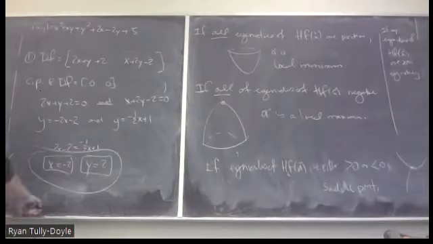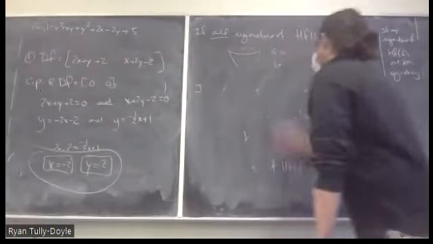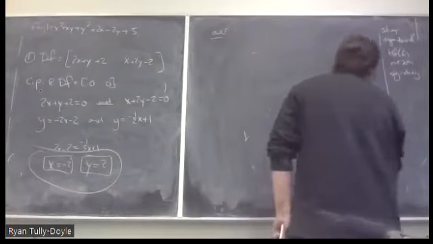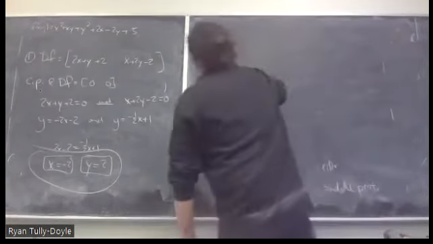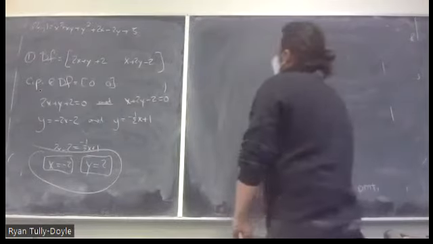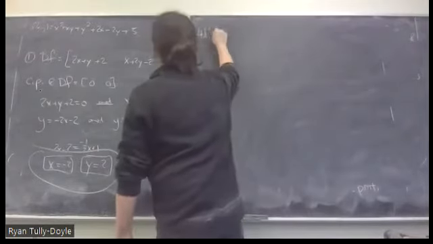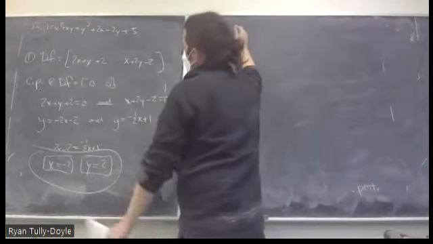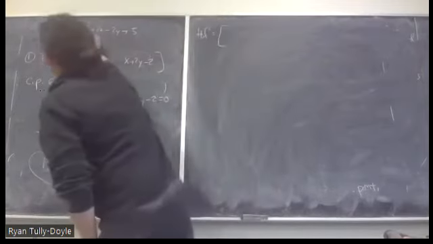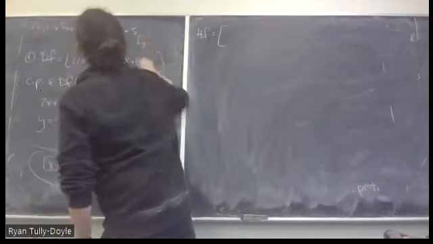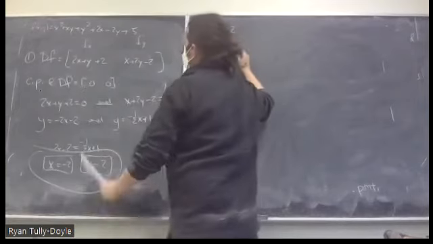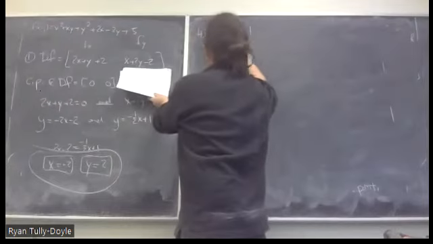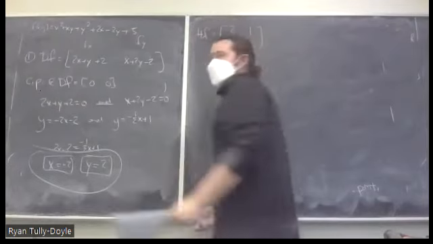Now what? Well, now I better compute the Hessian matrix, because I'm going to use the second derivative test. So the Hessian matrix, HF, is the second derivative of f. That's fx, and this is fy. So fxx is 2, and fxy is 1, and fyx is 1, and fyy is 2. Oh, that's pretty easy.